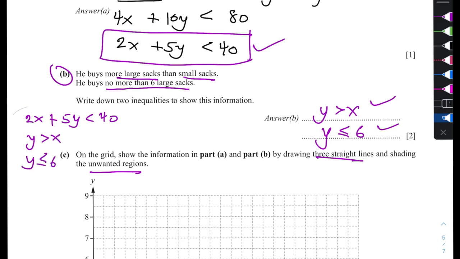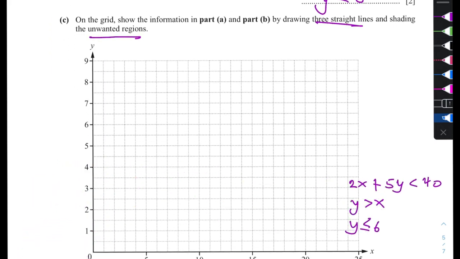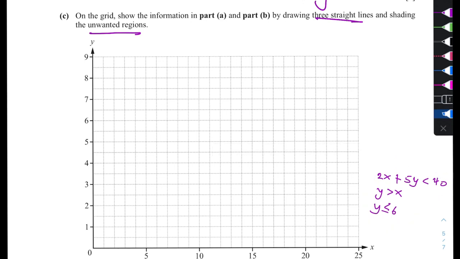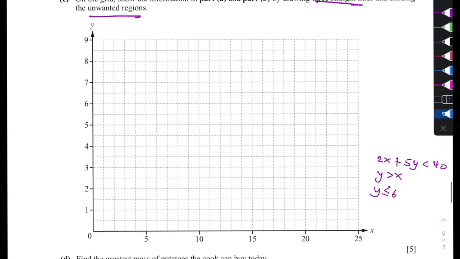We can just copy this and move it down there so that we don't have to go up and down.